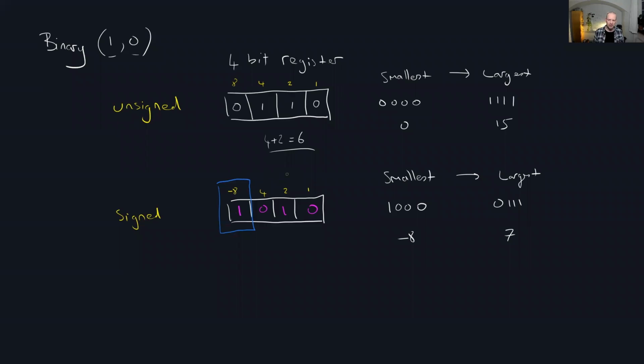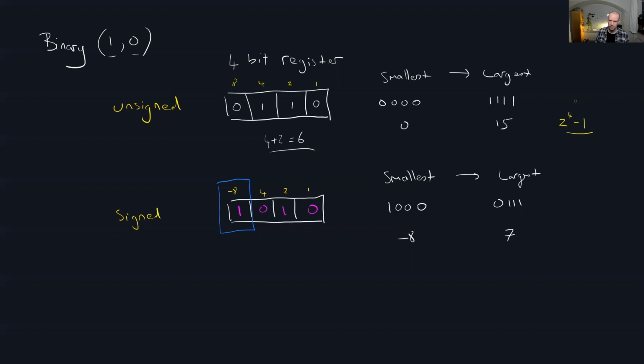But anyway, this is kind of interesting because we have a number range here in the unsigned 4-bit register. We can go from 0, and then the maximum number is going to be, well, we have 4 bits, and because we use base 2, 2 to the 4 is 16, so 2 to the 4 minus 1 will give us the maximum number.